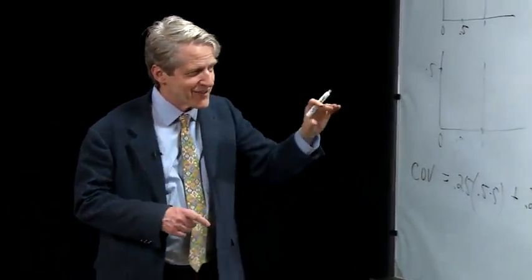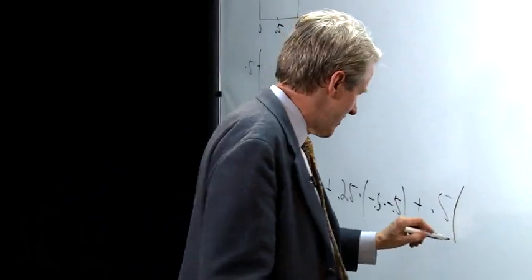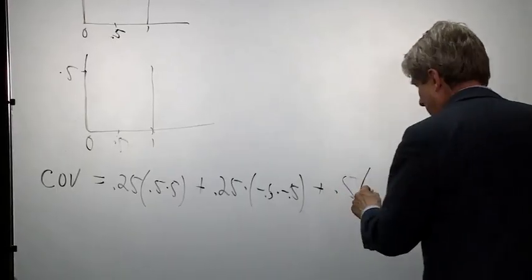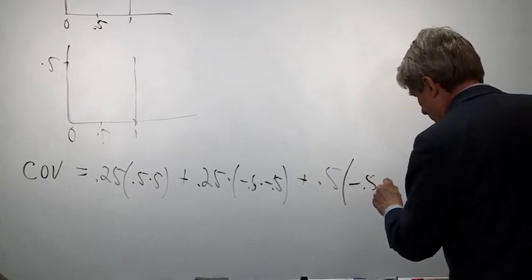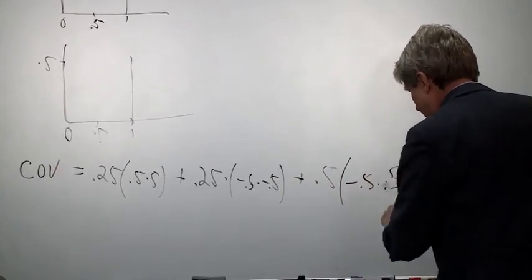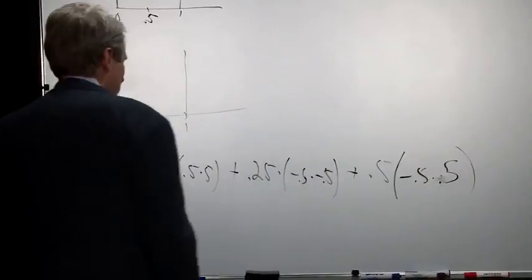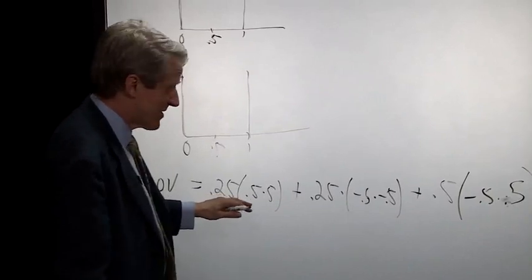Right. It could be A that succeeds and B fails, or otherwise. So we have a 0.5 probability of minus 0.5 times 0.5. So what does that add up to?